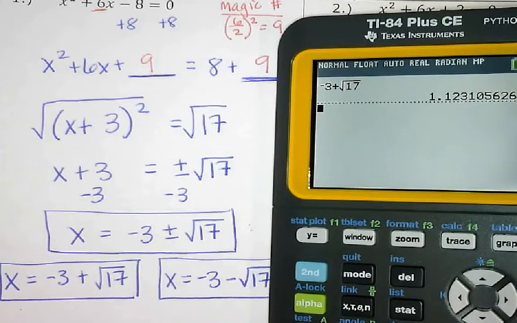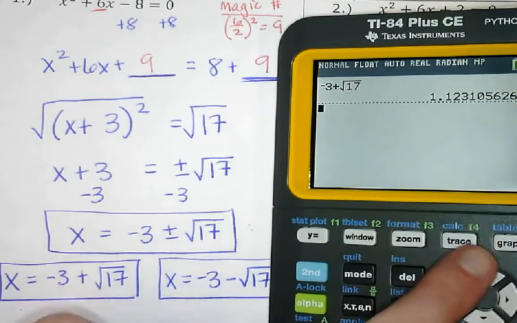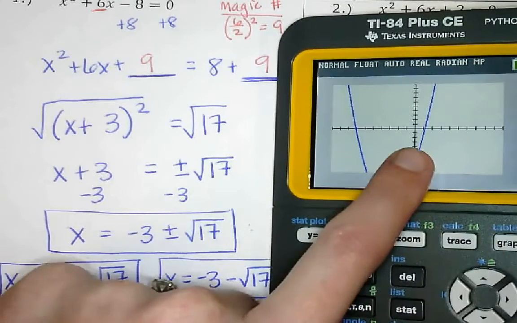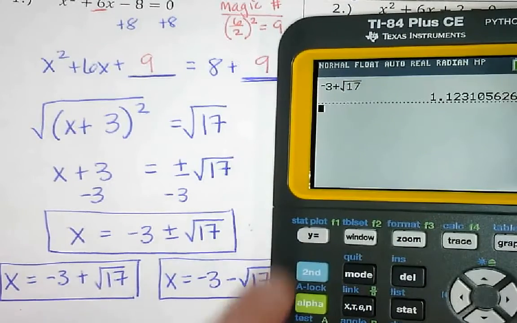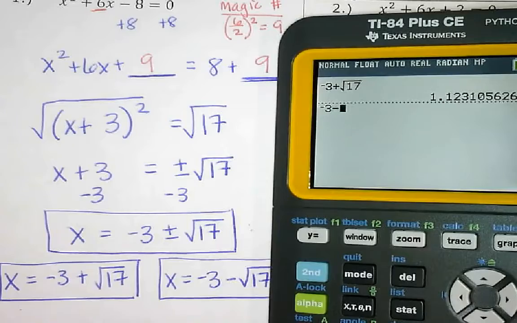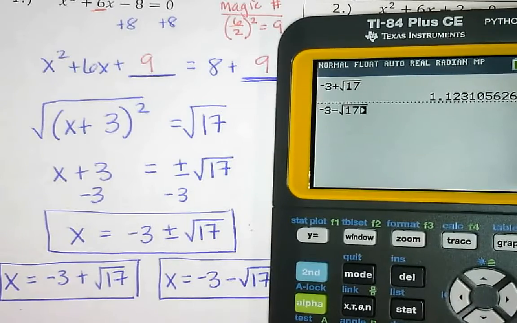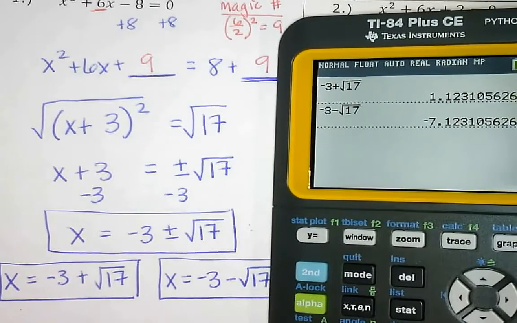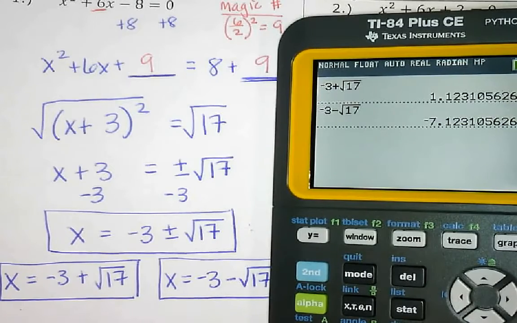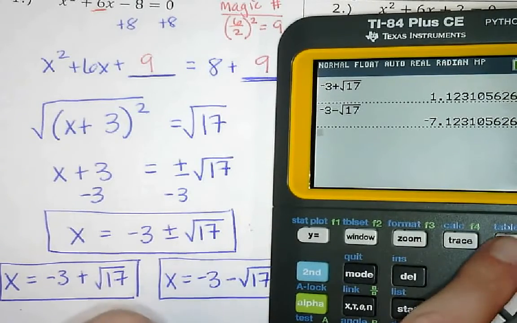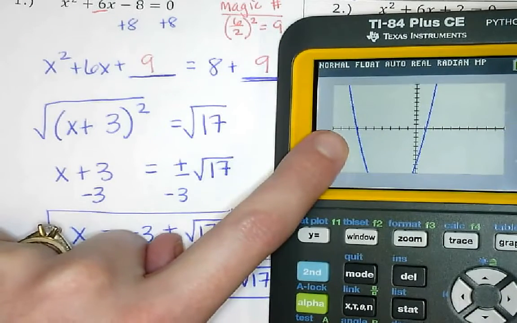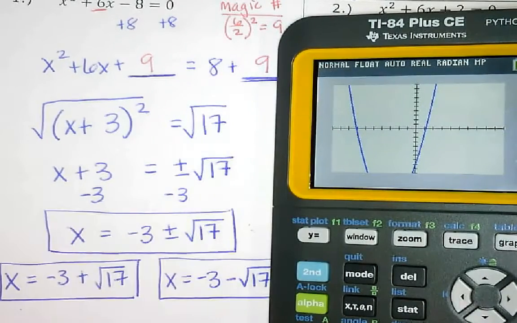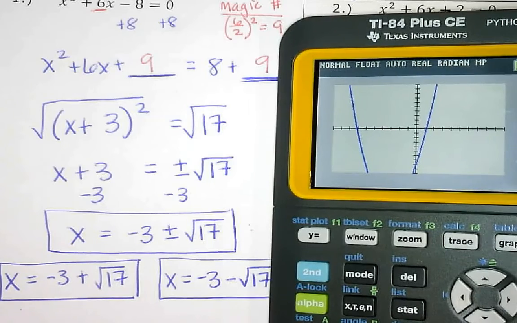Does that look like that's about where one of my zeros is? Yeah. If I do negative 3 minus the square root of 17, that's going to be negative 7.123105626, whatever. If I go back to my graph, does the other one look like it's about at negative 7? It does. But it's an irrational number, so it just keeps going forever and ever and ever.